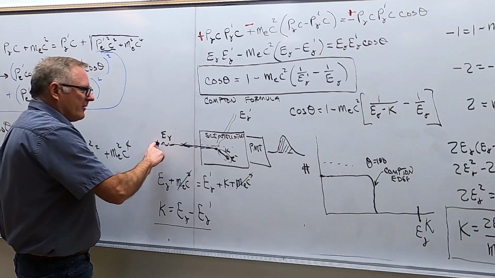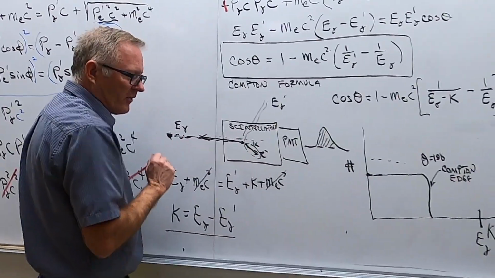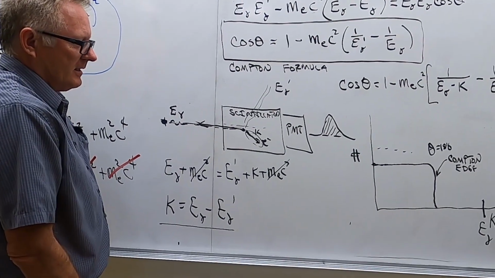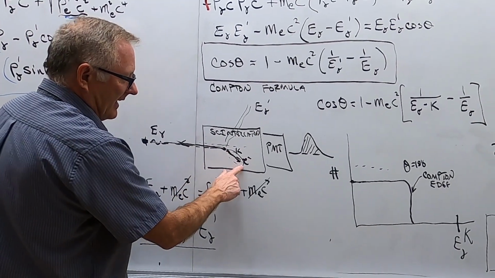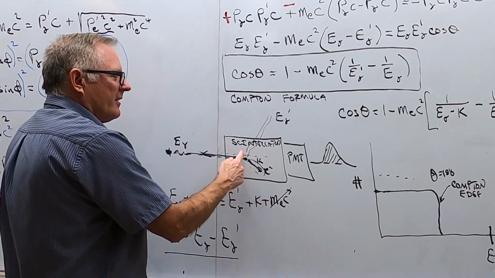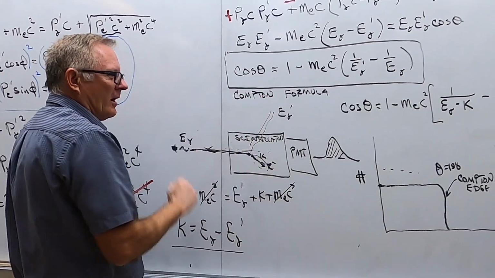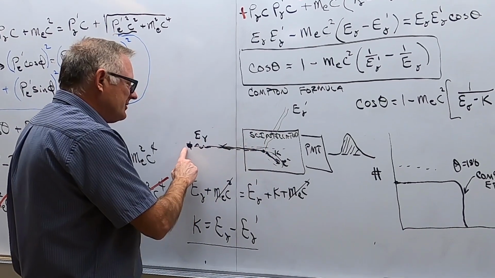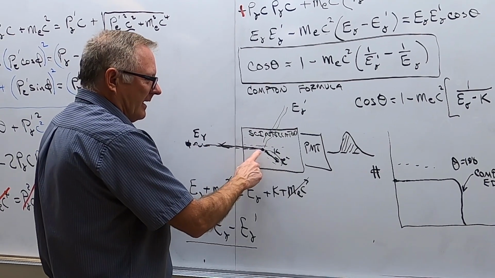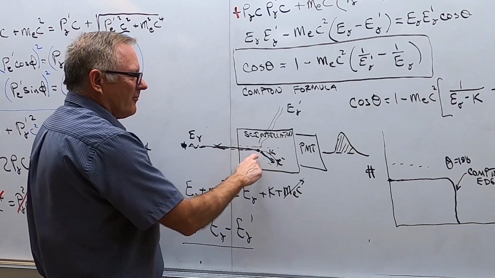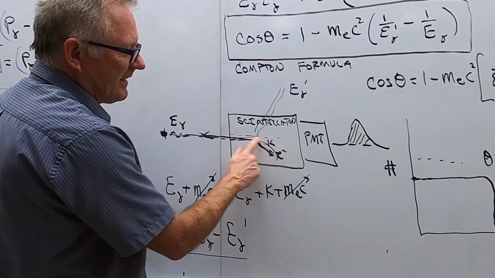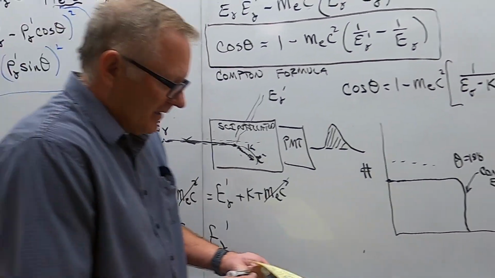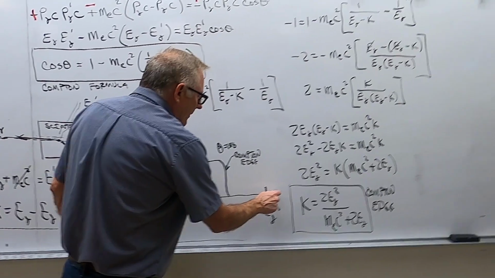Remember, with the photoelectric effect, all this energy goes into freeing it, and then the rest goes into the electron energy right here. Well, there is no E gamma prime with the photoelectric effect, and it only takes a few eV. So if this were a million eV, and it takes 1 eV to free up the electron, then he gets 999,999, which means he gets all the energy. And so what you would get is, you'd get a bump right there.